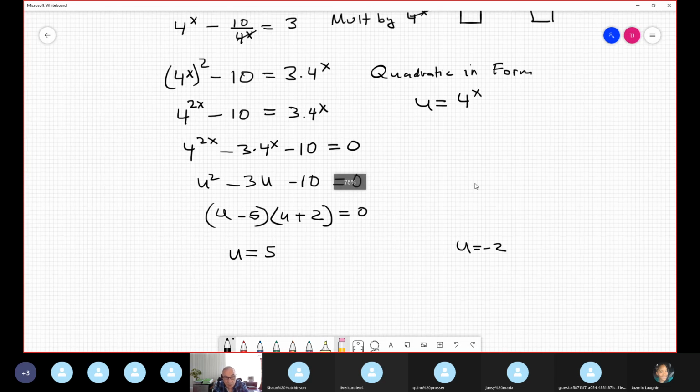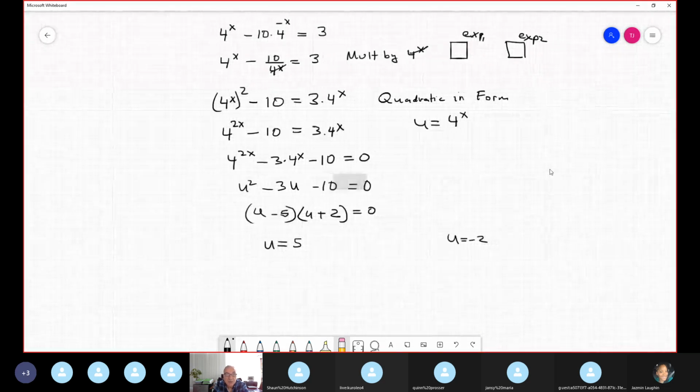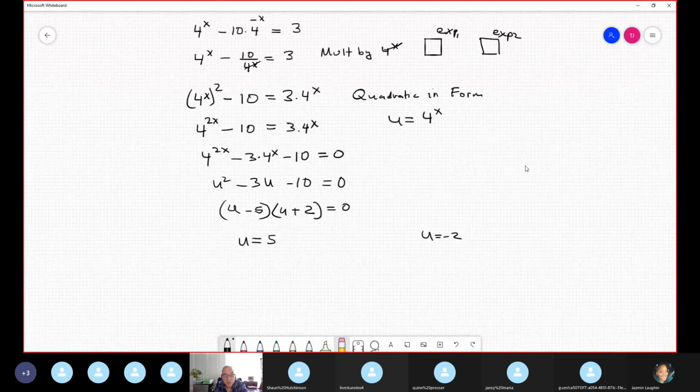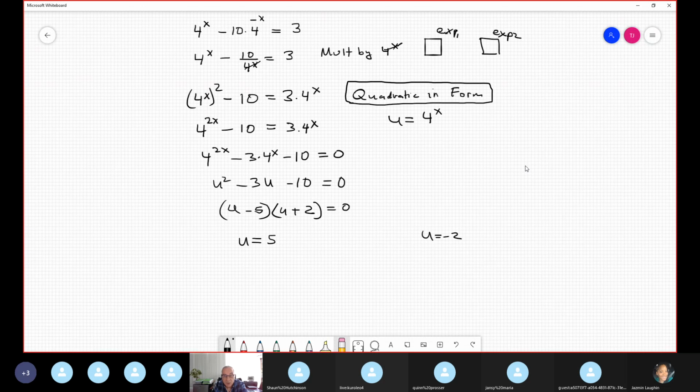But I feel no. Remember the idea for the quadratic-form equation. We have the original complicated equation, and we are using that substitution. We convert to quadratic. Now, this new auxiliary variable helps me simplify the problem: u is 5 and u is negative 2.